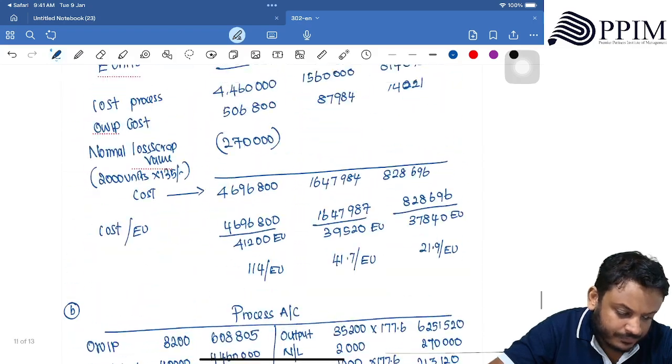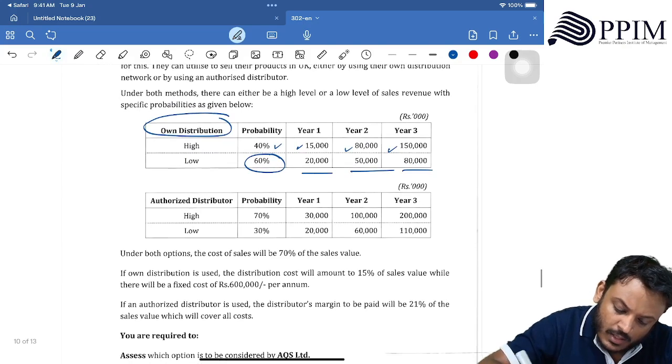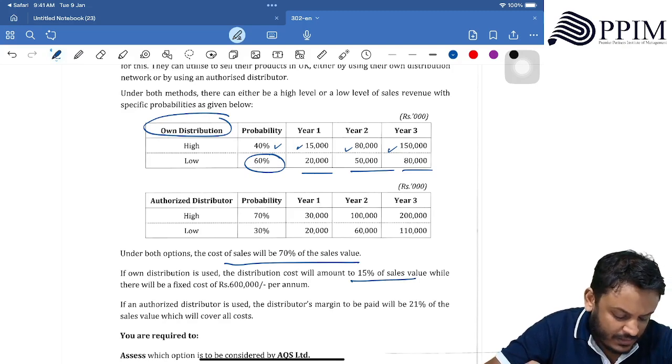Now in the question they said cost of sales is 70% of the sales value. Distribution cost is 15% of the sales value. So 15% is distribution.